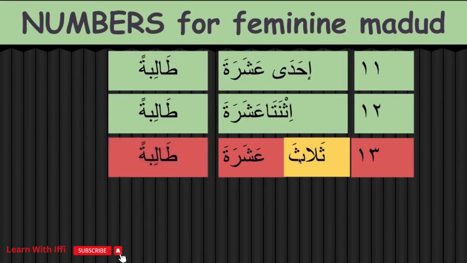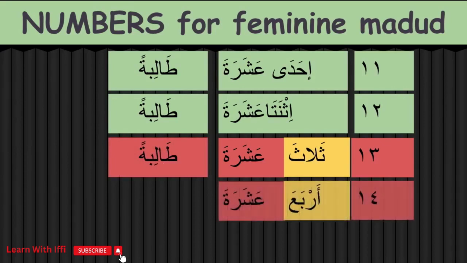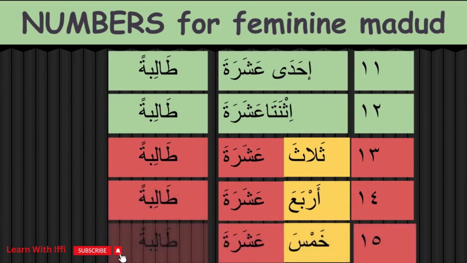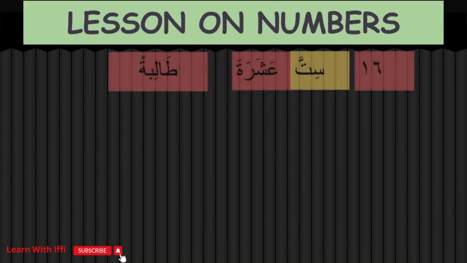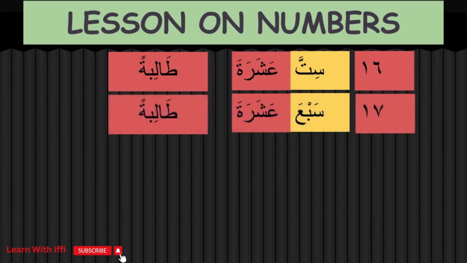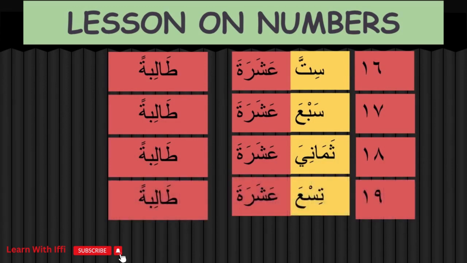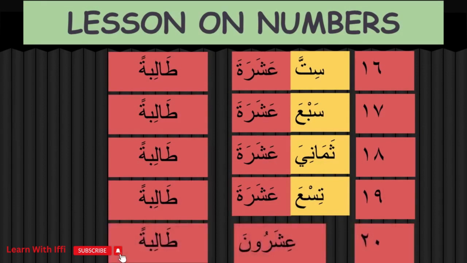So the first number will be opposite to the thing counted. Arba'a ashara taliba. Khamsa ashara taliba. Sitta ashara taliba. Sab'a ashara taliba. Thamaniya ashara taliba. Tis'a ashara taliba. Ishrun taliba. So ishrun remains ishrun.